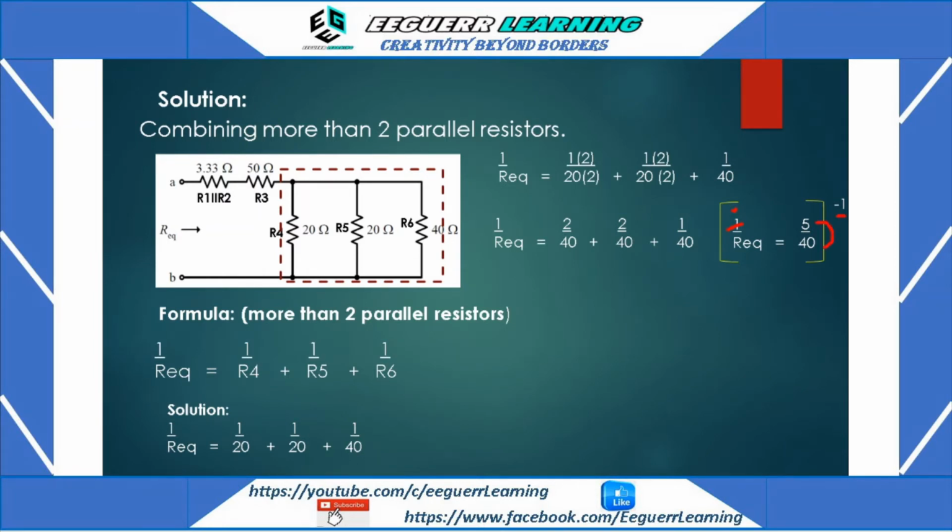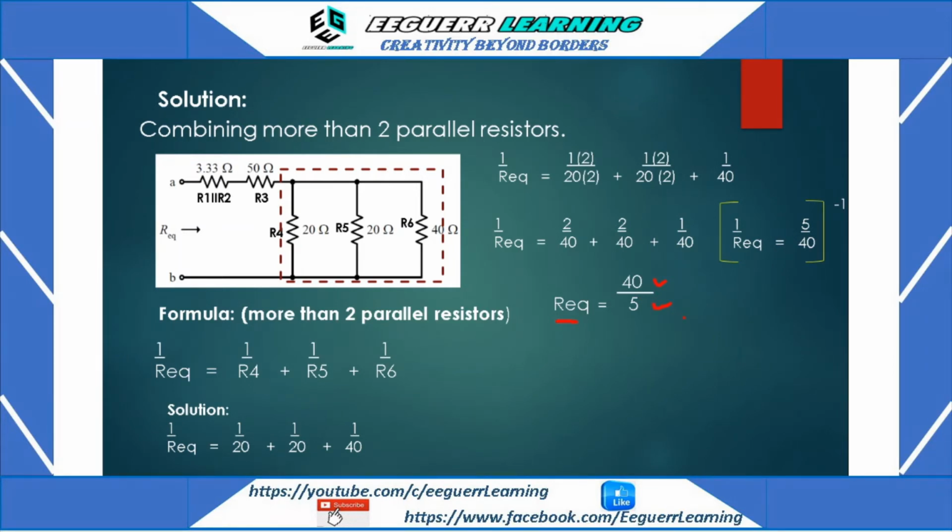So 5 will be here and 40 will go up to its position. Okay, so let us continue. So the R equivalent, or the R total, for R4, R5, and R6 will now be 40 over 5.